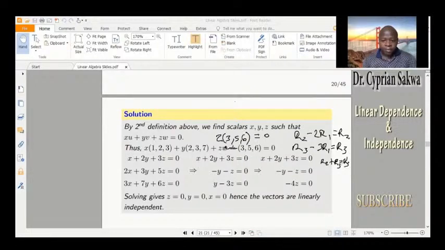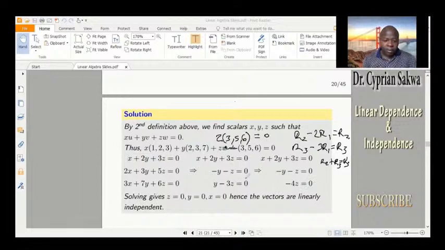The first row remains where it is. The second row remains where it is. And then when I just add this, I have 0 here. You can see there's no element here. Then when I add negative z plus negative 3z, I would have negative 4z, and that equals 0.